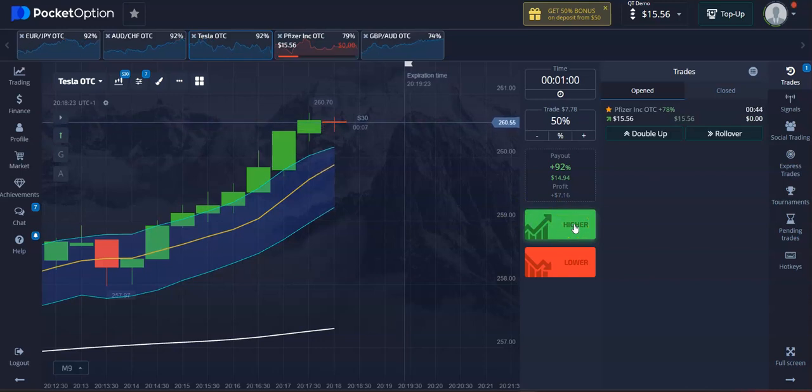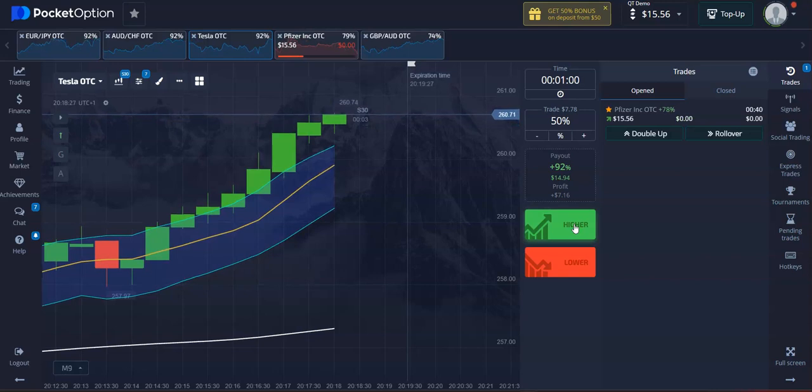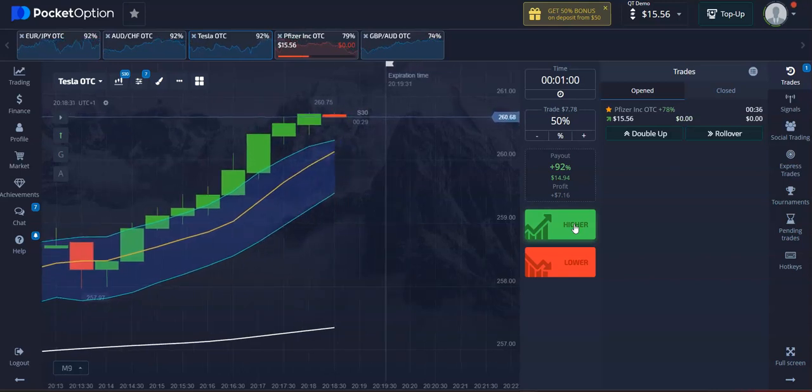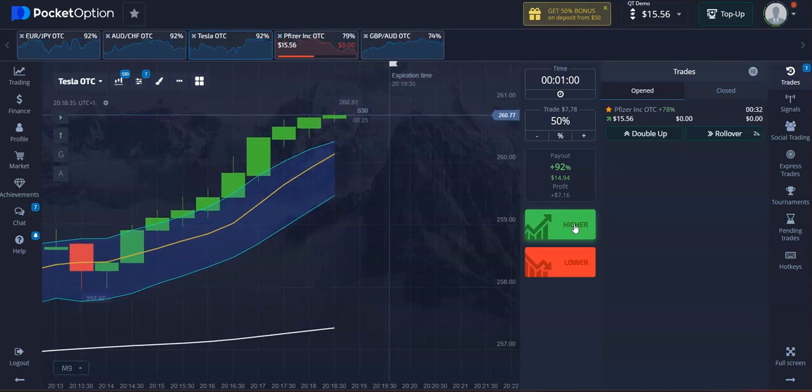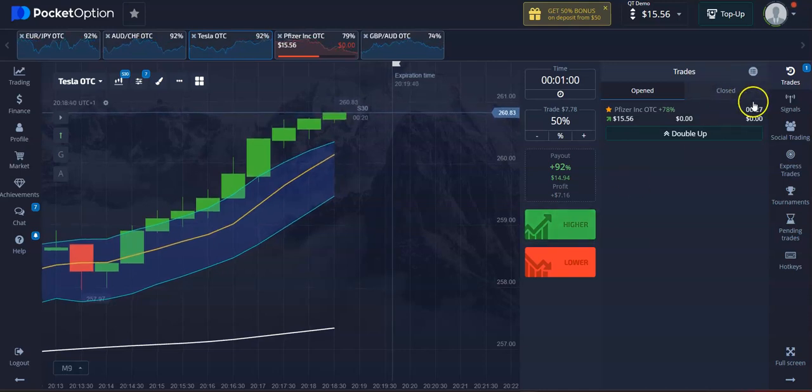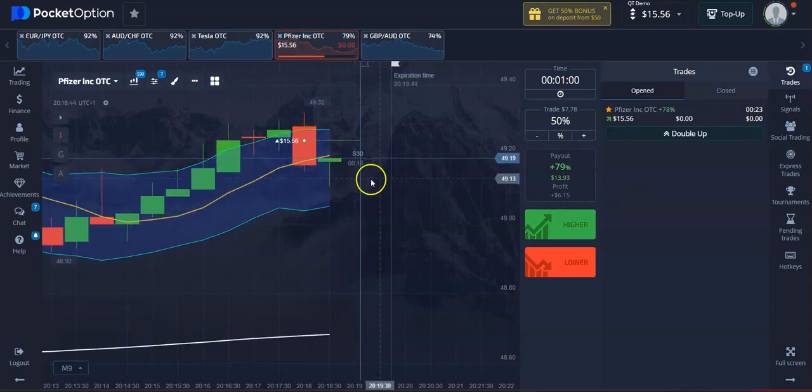Tesla is going strong. Tesla is going strong. I missed it. Yeah, Tesla is really going strong. So the other one, we got 25 seconds to go. Is not going our way.